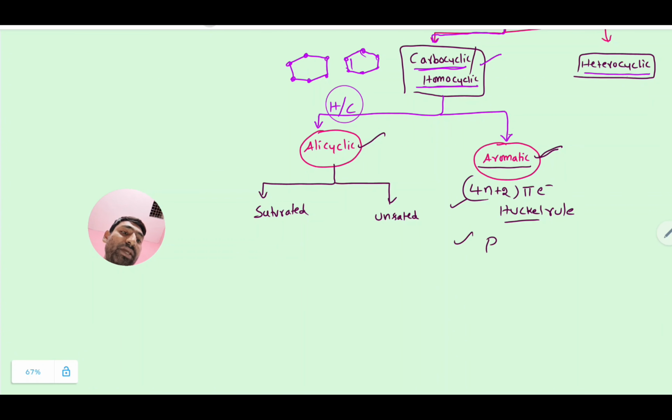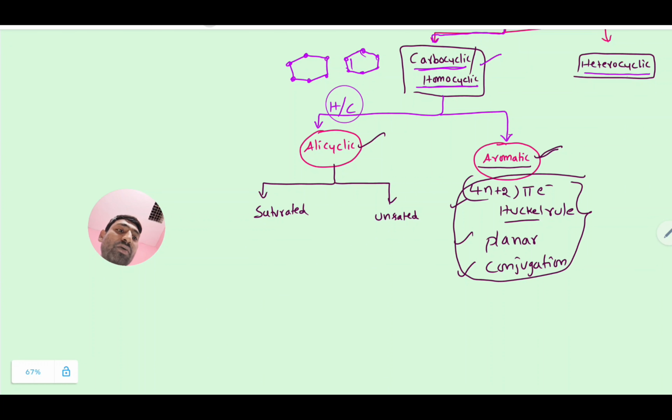They must be planar and must have conjugation. What is meant by conjugation? We will discuss that in the next classes. So those that follow all these rules, the Huckel rule, planar structure, conjugation, and cyclic, are called aromatic compounds. Those that do not follow all these rules are called alicyclic compounds.